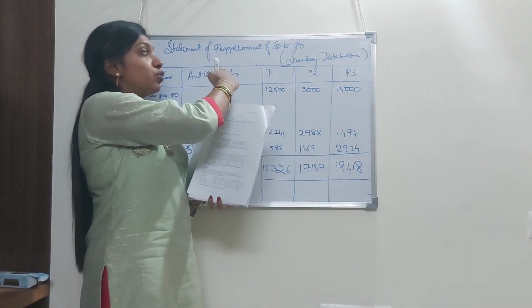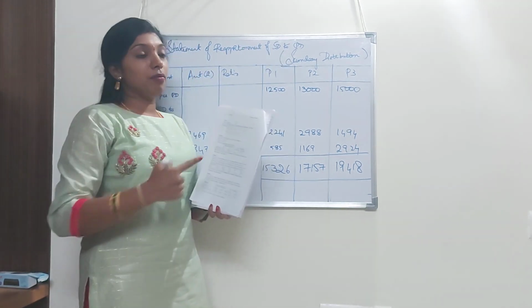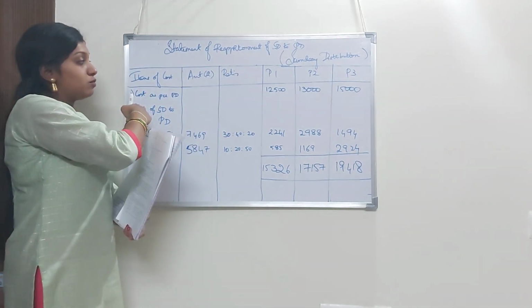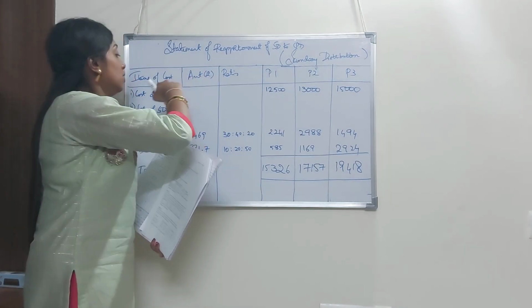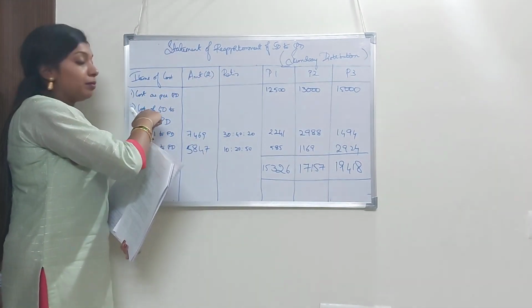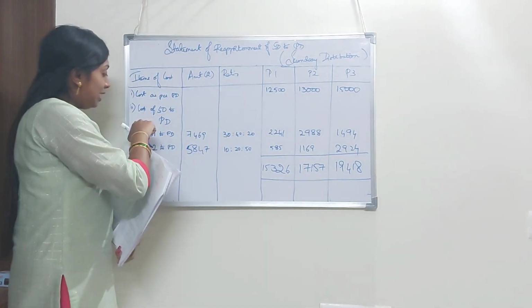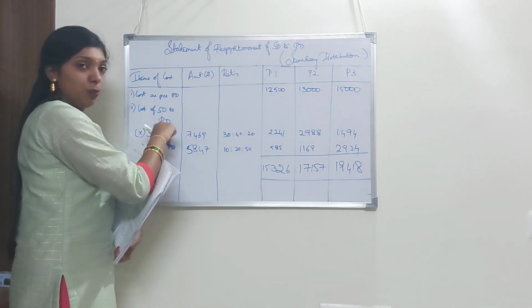So, statement showing reapportionment of service department to production department. Secondary distribution summary. I have taken the columns items of cost, amount, ratio and production departments. Now, cost as per primary distribution, they have already given this in the problem. Next, reapportionment of service department cost to production department.